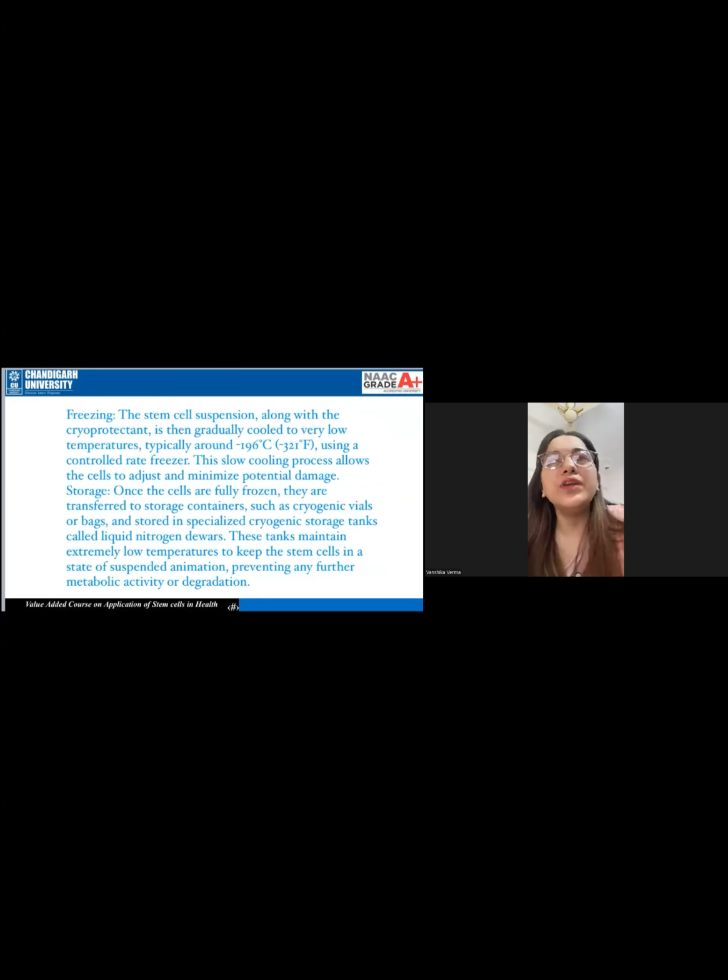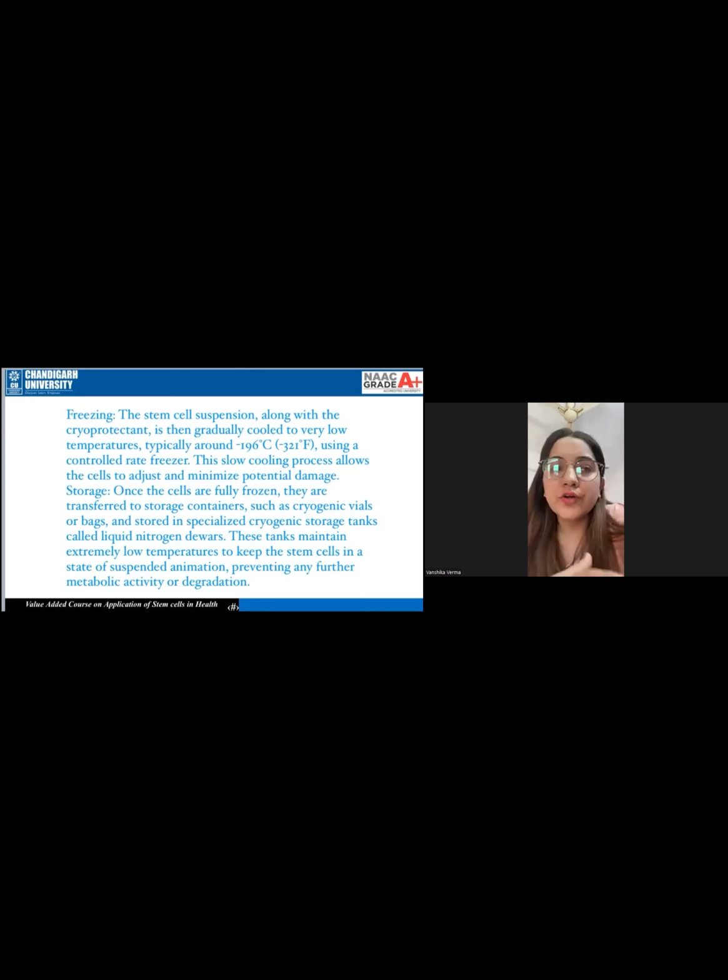So why do we need to freeze it? So that the stem cell suspension does not get affected, and it stays in the same morphology as during the donation. Okay, so the storage. For example, even in plasma, we give plasma, platelets and cells to the patient when there is a requirement.